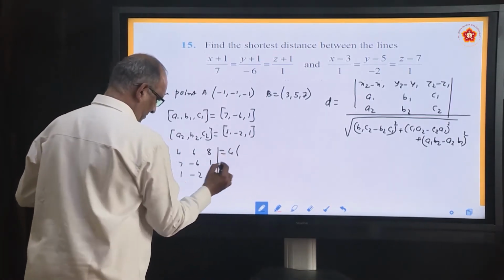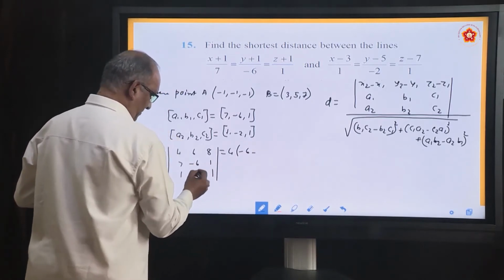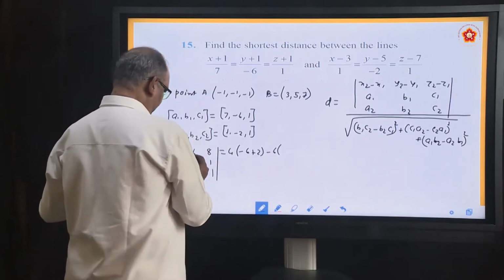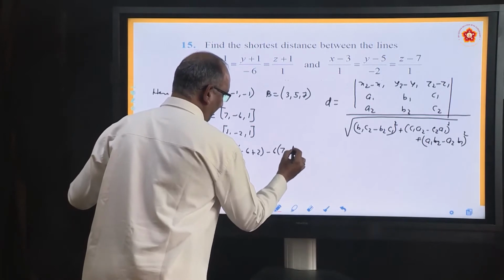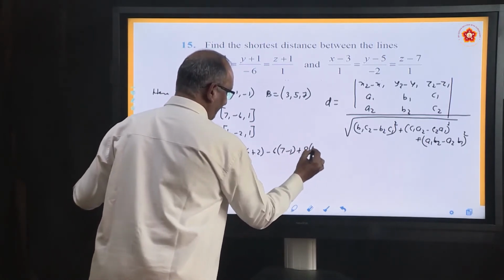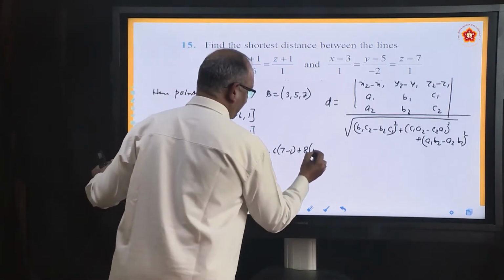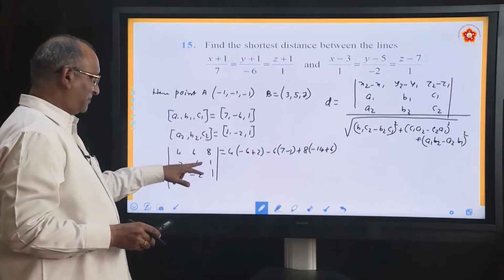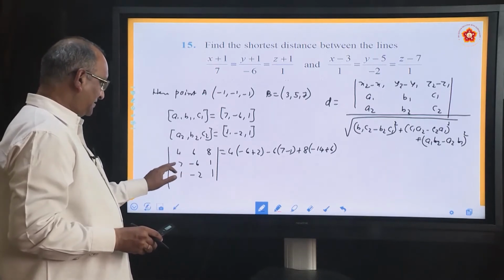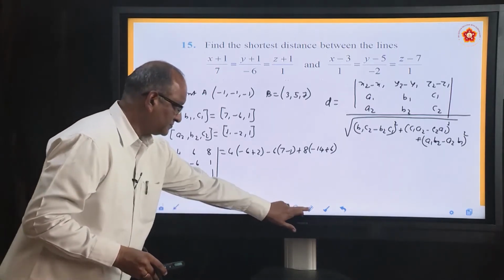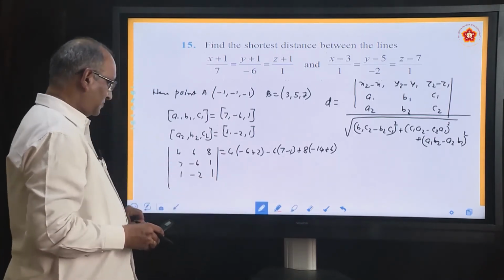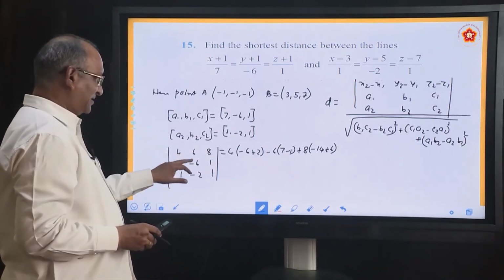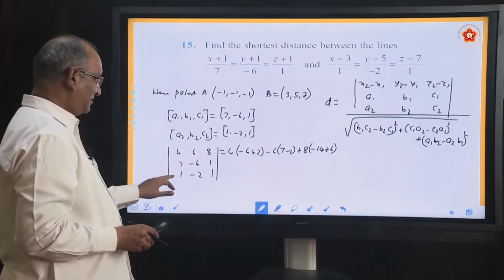It is 4 into minus 6 plus 2, minus 6 into 7 minus 1, plus 8 into minus 14 plus 6.